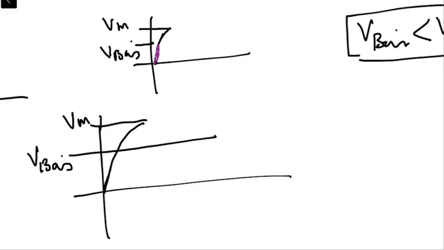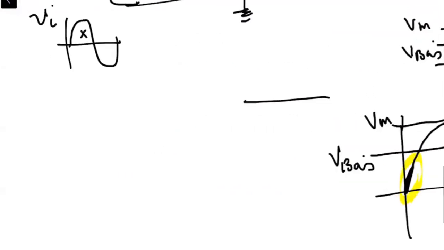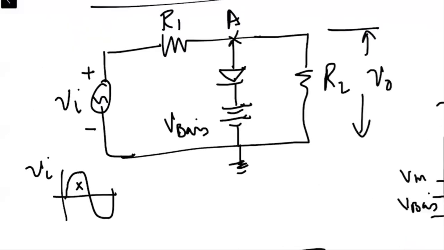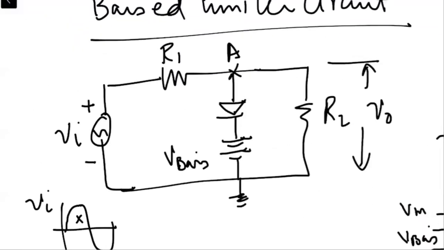When the input is rising over here, right? If the input is less than V bias, this means the point A in the circuit is having voltage which is less than V bias.